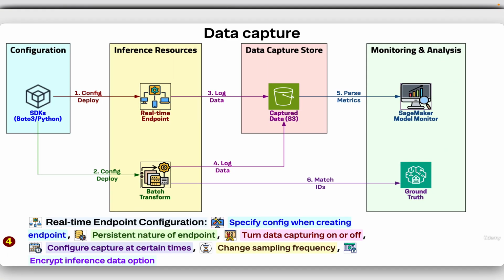For a real-time endpoint, you specify your data capture configuration when you create your endpoint. Due to the persistent nature of real-time endpoints, you can configure additional options to turn data capturing on or off at certain times, change the sampling frequency, and choose to encrypt your inference data.